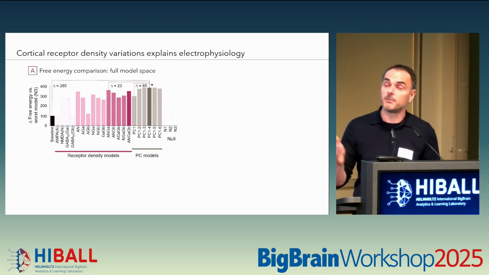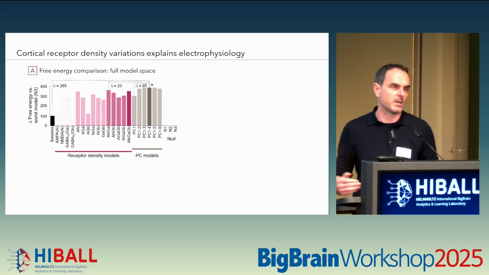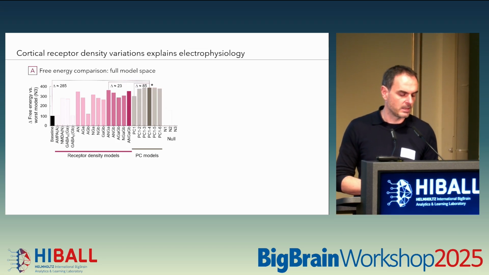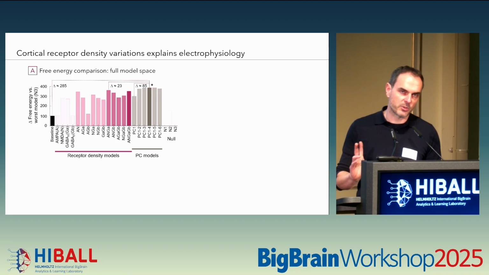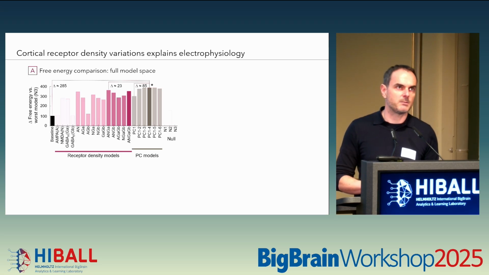So when you see values like 85 or 23 or 285, that's magnitudes better. All models are better than the baseline, so they include some very relevant information. The winning model included 4 principal components, which explain about 80% of the variance of receptors across the brain.